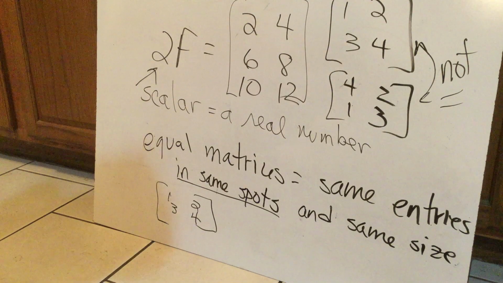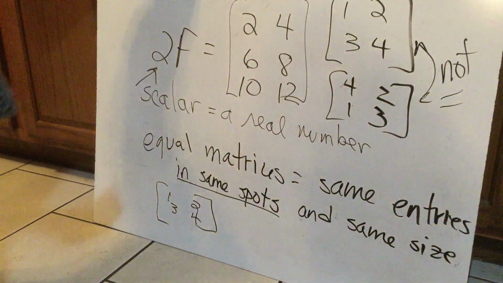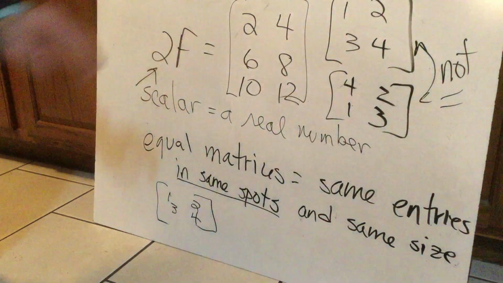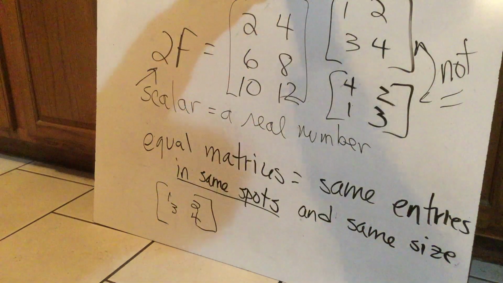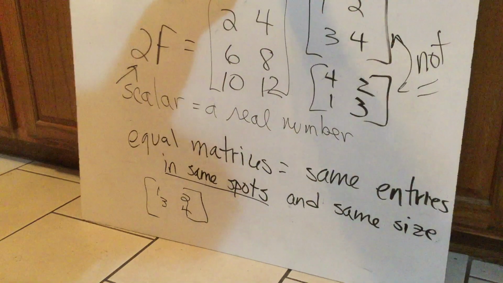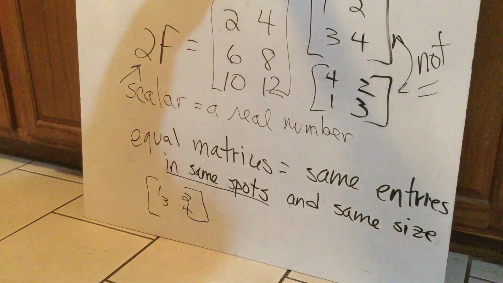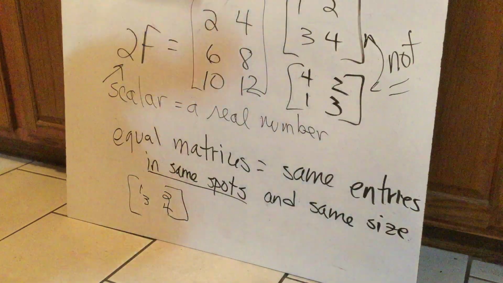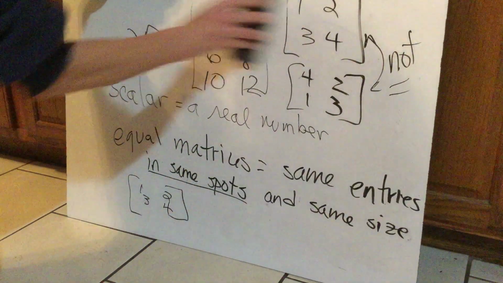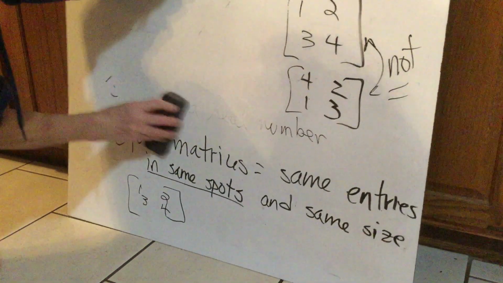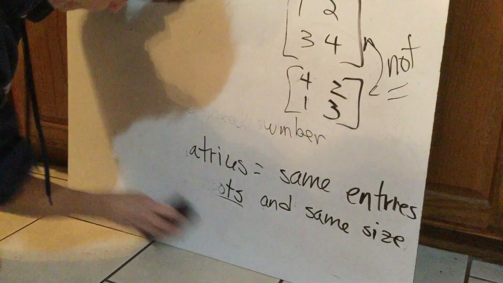All right, so that's your vocabulary. If you missed any of that because of my tumbling down board or anything else, then please just rewind, go back, and watch it again.